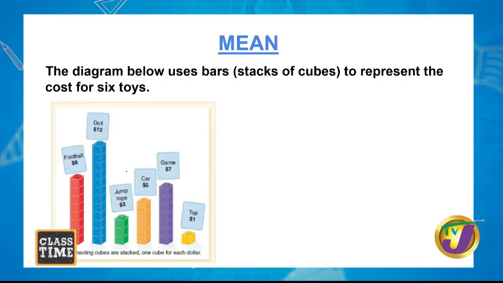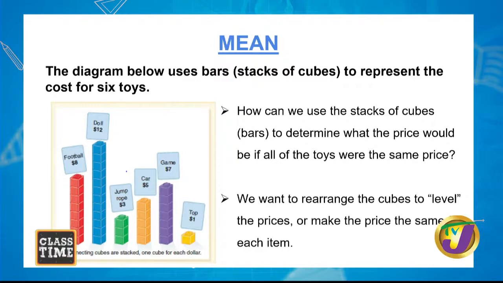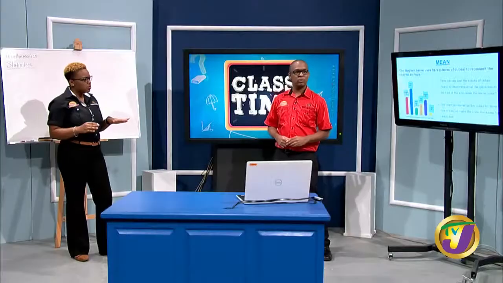This diagram below shows bars, which represent the cost of 6 toys. How can we use the stack of cubes to determine what the price would be if the toys were of the same price? We want to rearrange the cubes to a level price or make the price the same for each item. All right, so basically you want me to level off the cubes.